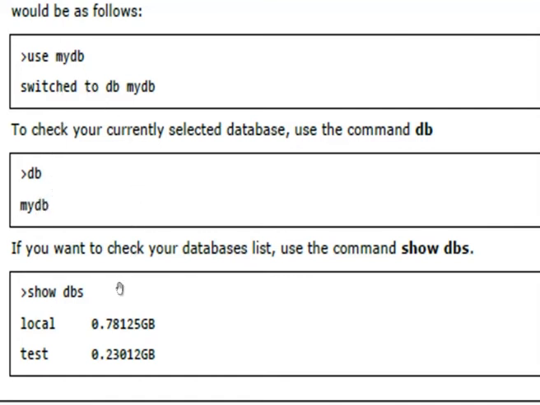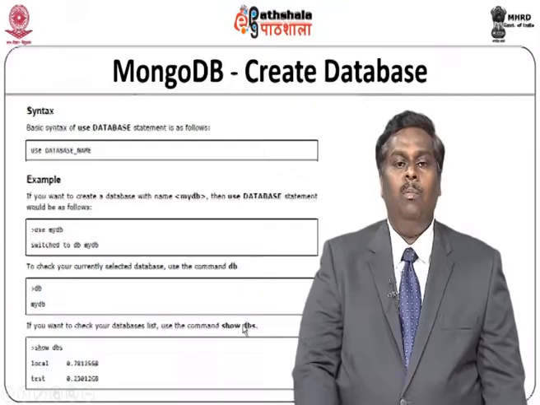Suppose you want to check the databases list, then you can make use of the show dbs command. The show dbs command will list down all the databases that are created in the current working directory. So, here in this scenario there are two databases. By default, any document collection that you create will be saved into the test database in the MongoDB environment.